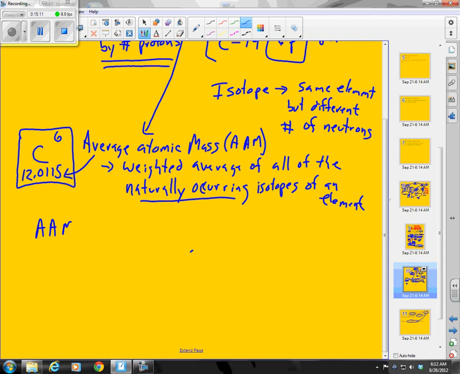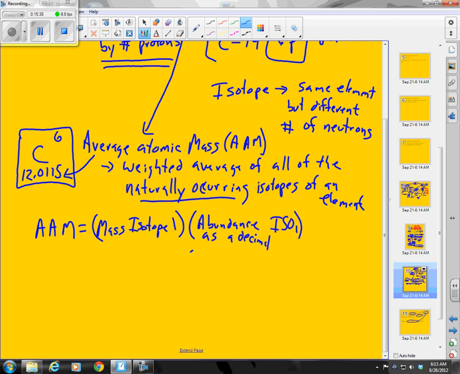Average atomic mass is equal to the mass of isotope 1 times the abundance, as a decimal, not a percentage, as a decimal, of isotope 1, plus the mass of isotope 2 times the abundance of isotope 2, once again as a decimal, plus so forth.